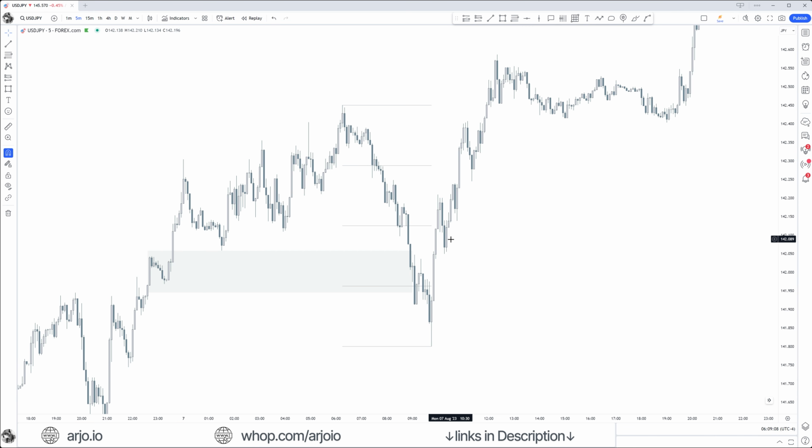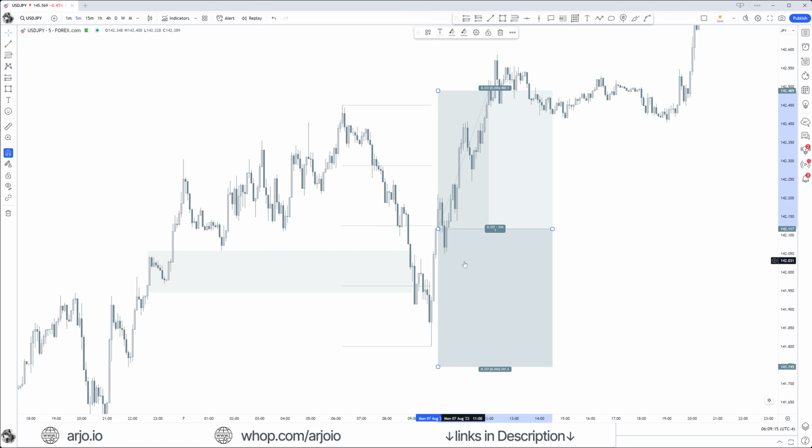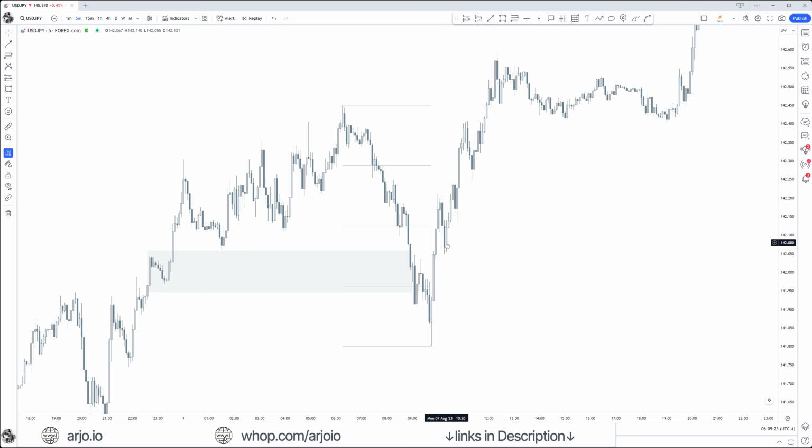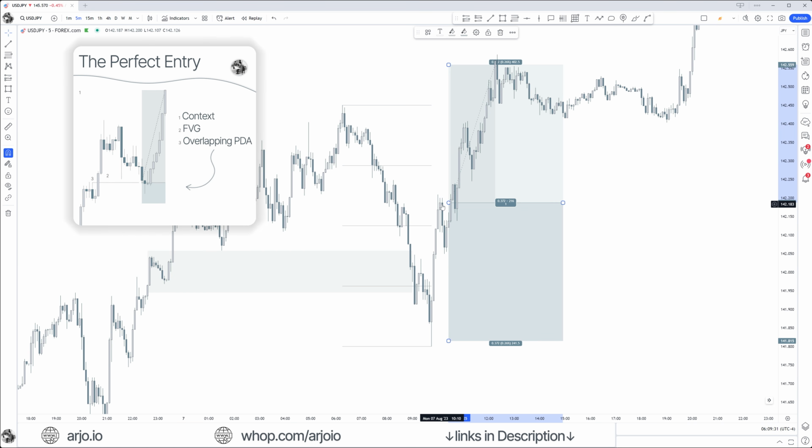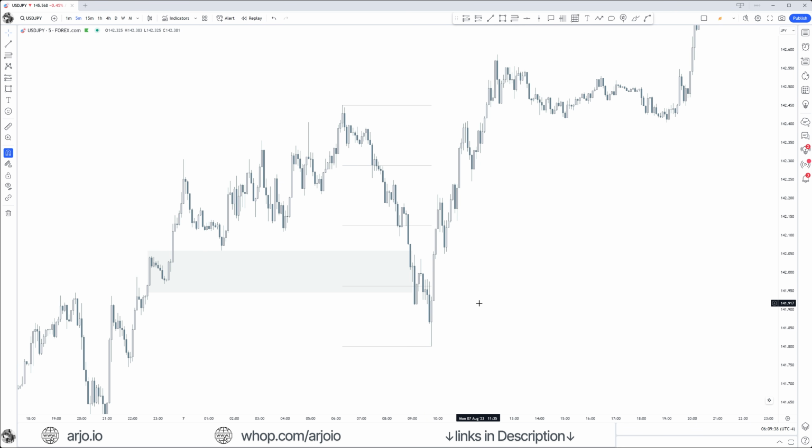Afterwards, we see again a nice trading setup. We first off have this trading setup, but if you want to enter an overlapping PD array, then yes, you might have missed the entry there. Perfectly fine, because an entry after that is right there. It's exactly what we went over with the perfect entry. That's right there with the same mechanical steps to go over.